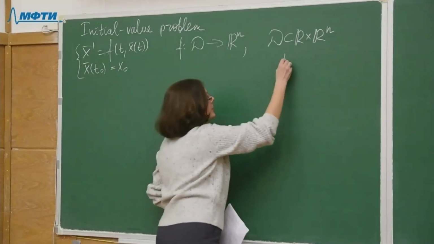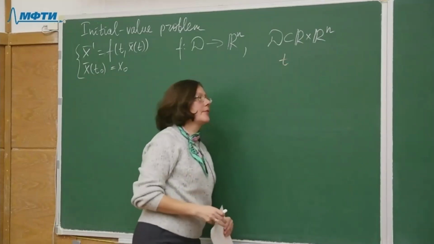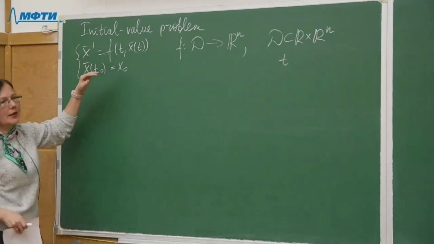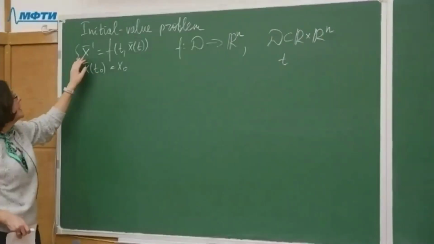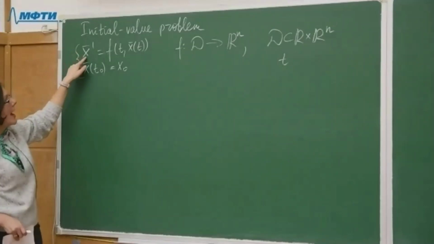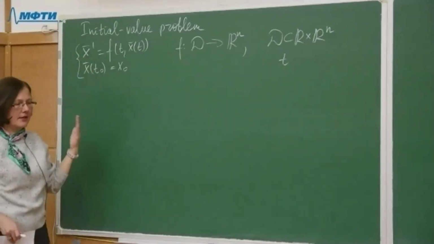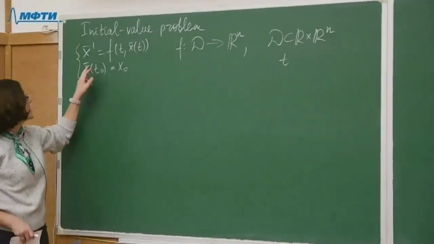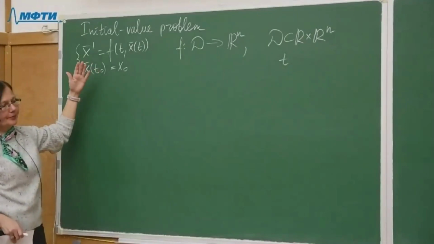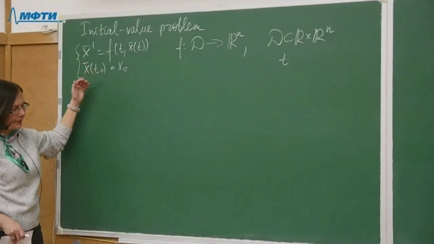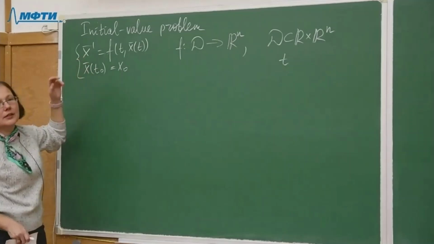So the variable t is time. So this equation can be considered as the dependence of the coordinate x. So it is a vector, right? And components.